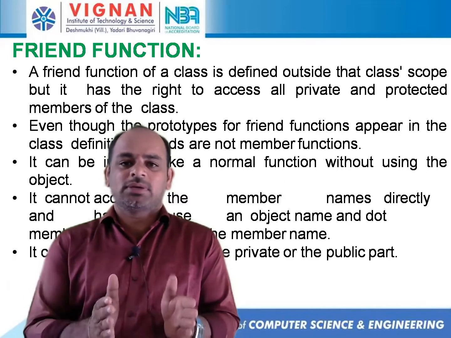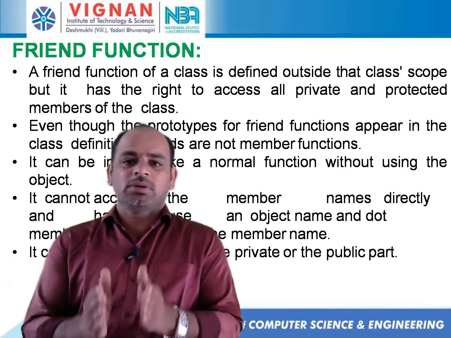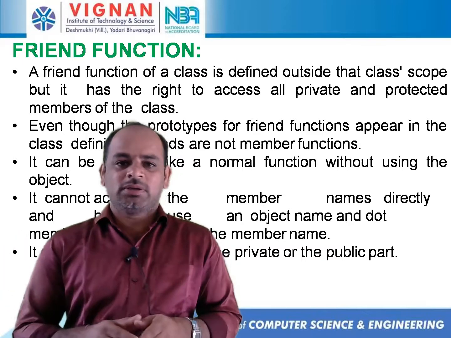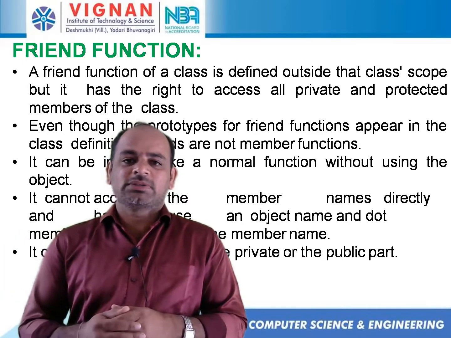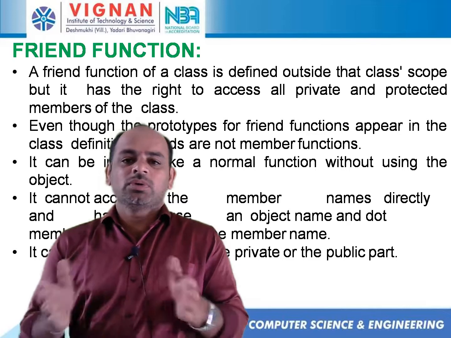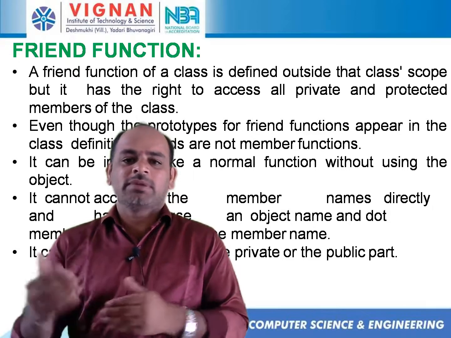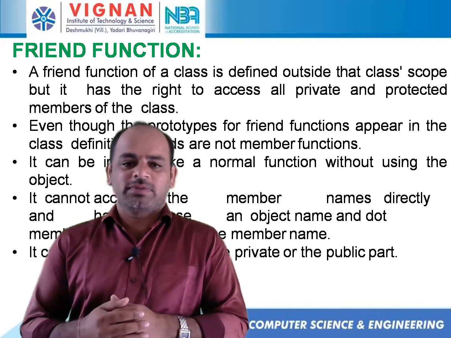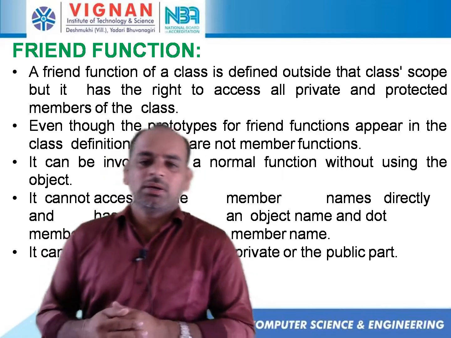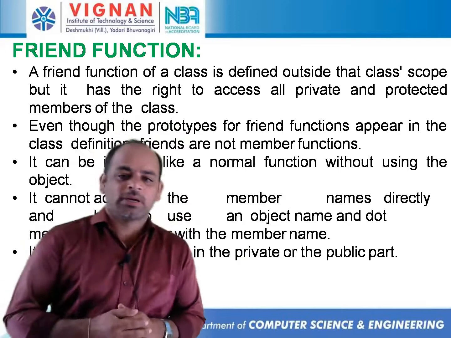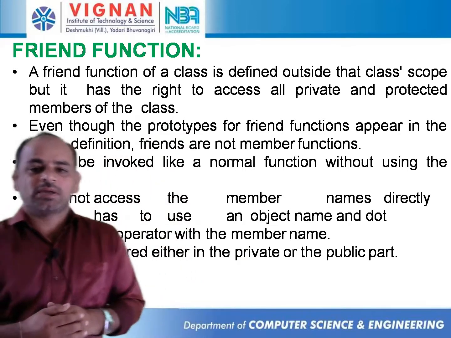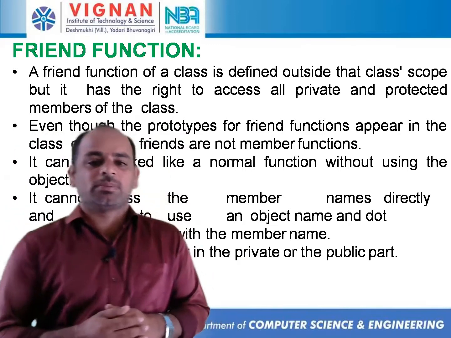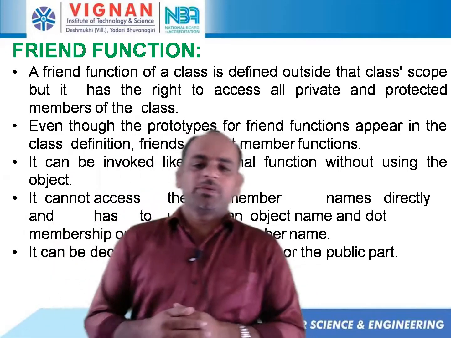By using the object name, dot, function name. But with a friend function, we need not use any object name to call it. However, it cannot access the member names directly and has to use the object name and the dot operator, the membership operator.